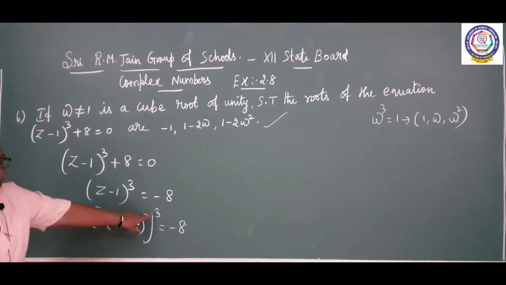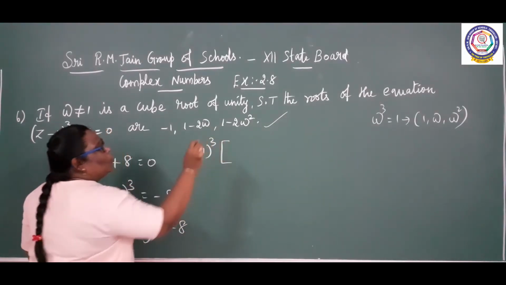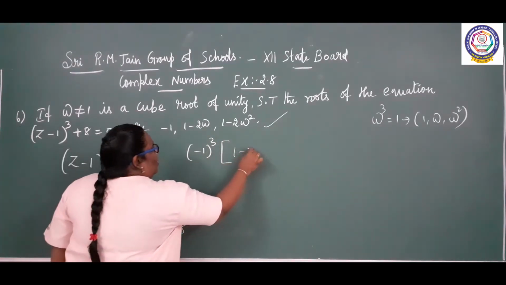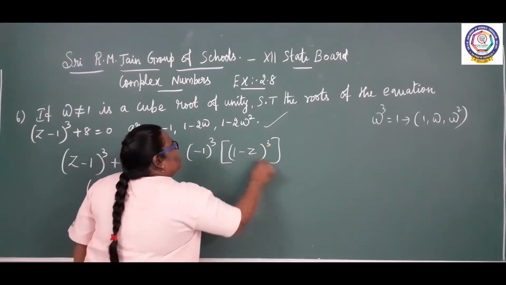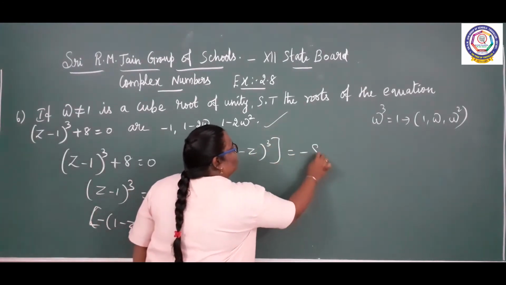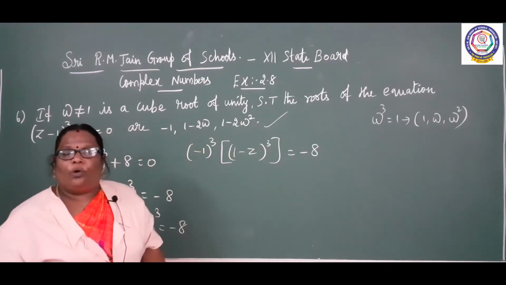So, minus the whole cube, what is the answer you are getting? Minus 1 the whole cube into (1 minus z) the whole cube equal to minus 8. What is the value of minus 1 the whole cube?